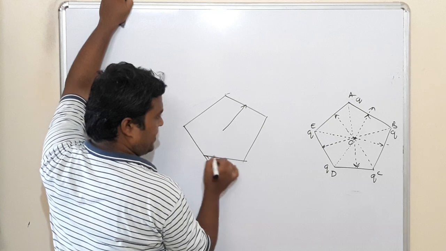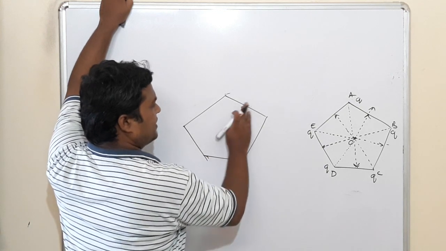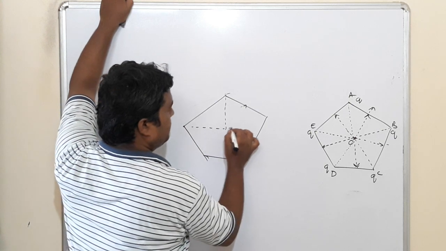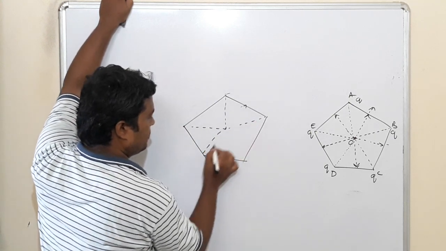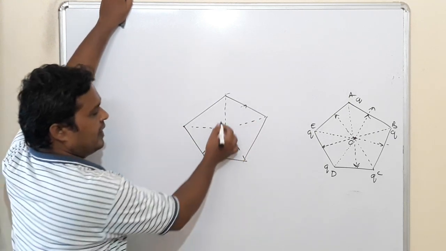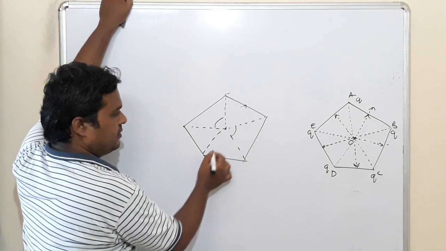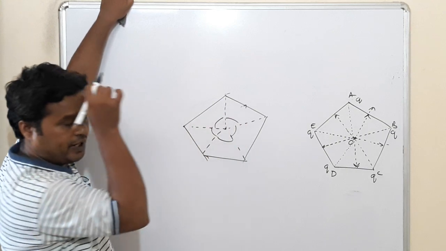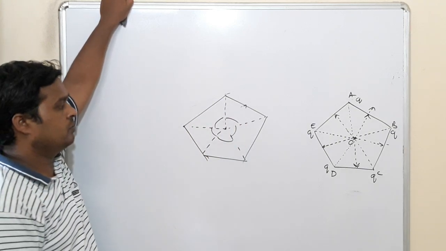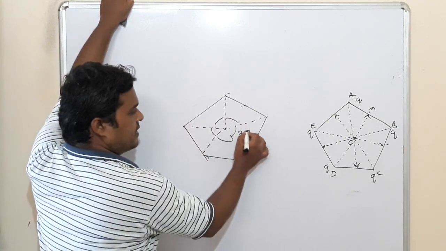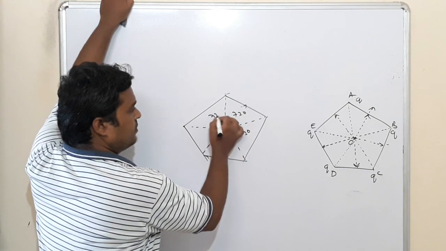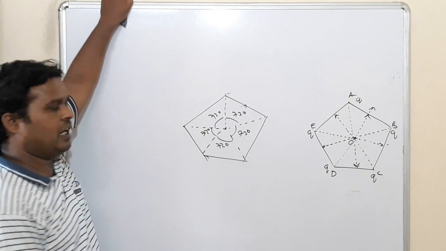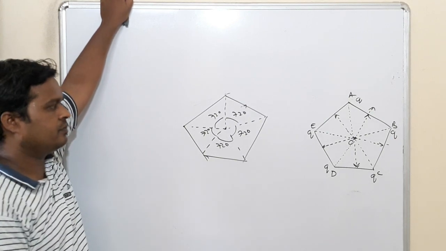This charge will exert the electric field. If I join all these to the center like this, then what will be each angle? It will be 72, 72. Okay, each angle will be 72 degrees, so that the total angle will be 360.